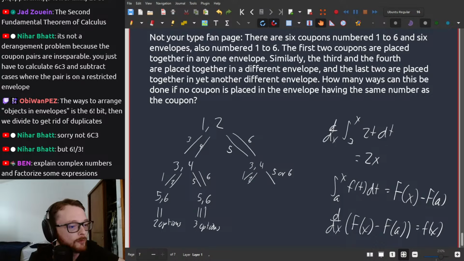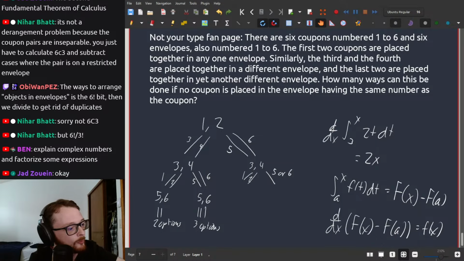Ways to arrange objects on all of the 6 factorial bit, then we divide to get rid of the duplicates. But okay, so maybe that's like the total. It's not a derangement problem because the coupon pairs are inseparable. So you have to calculate 6 choose 3, subtract the case for the pair. So yeah, Nihar, that's what I tried to do when I got something bad.